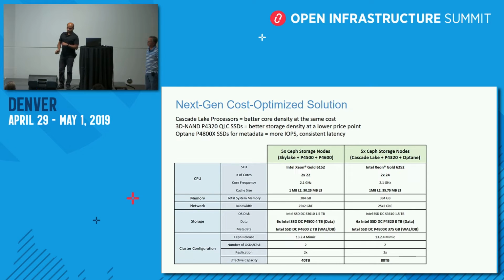The other thing we're doing in the next generation architecture is replacing the data drives with denser QLC SSDs, which are the 8 terabyte SSDs instead of the 4 terabyte. And we're also replacing the P4600 drives, which are the NAND SSDs, with Optanes. As a whole, it gets you to a higher density at a similar price point and better performance because of the Optane SSDs.